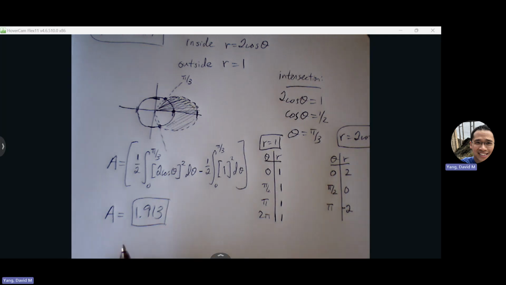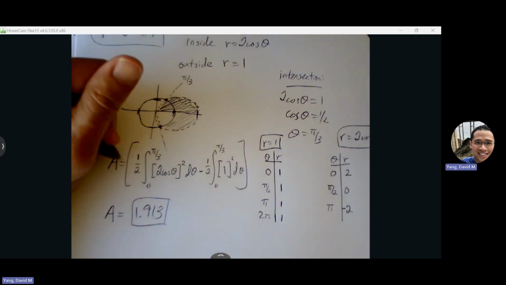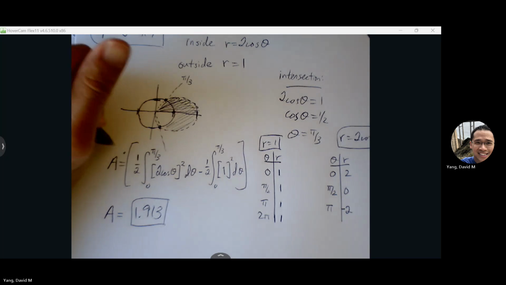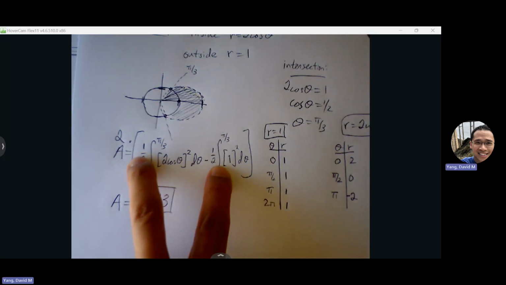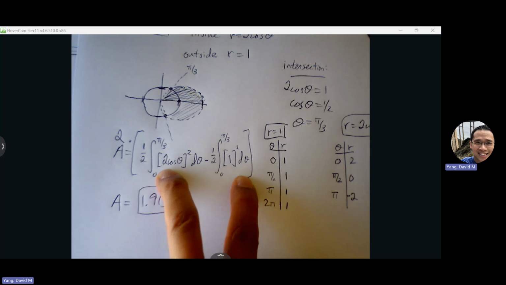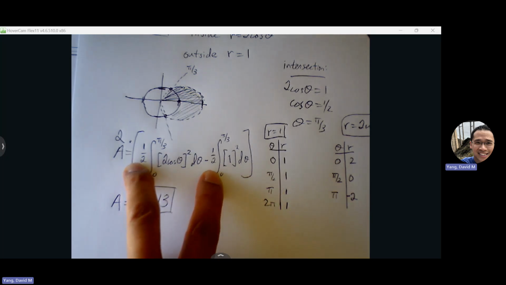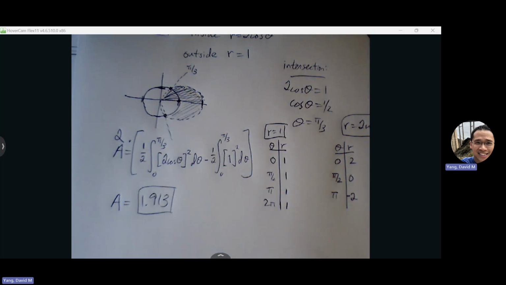Yeah, 1.913. Multiply this by 2. Which, if you want, you can just cross off that 1/2, and just know that if I double it, the 1/2 just goes away.